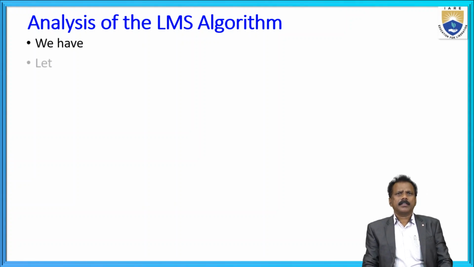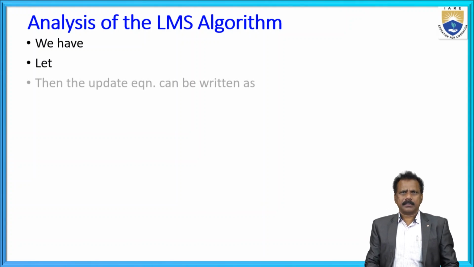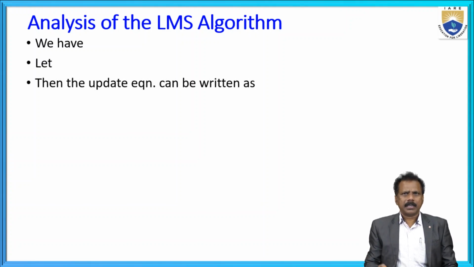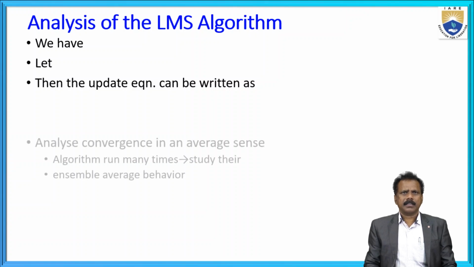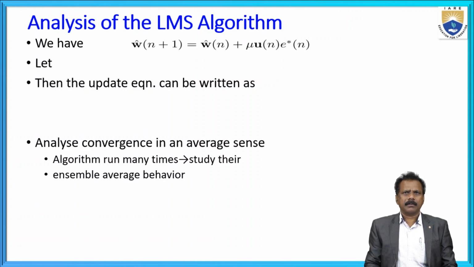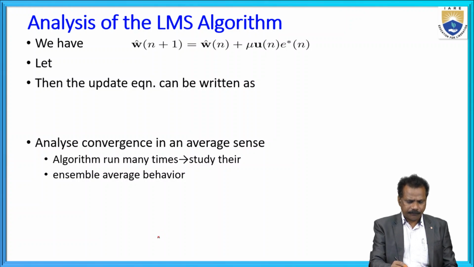We have the update equation. The mathematical notation for this can be written as w cap of n plus 1 is equal to w cap of n plus mu u of n e of n.